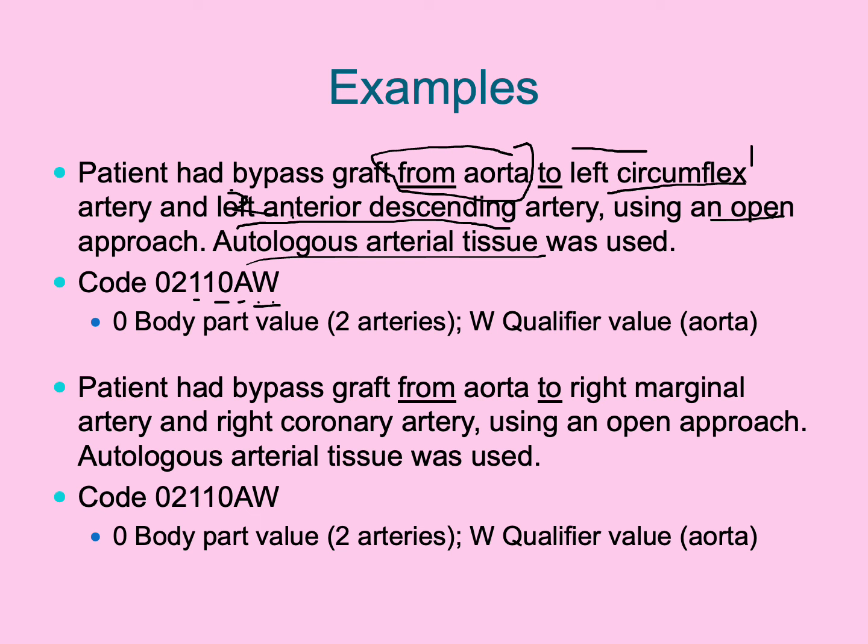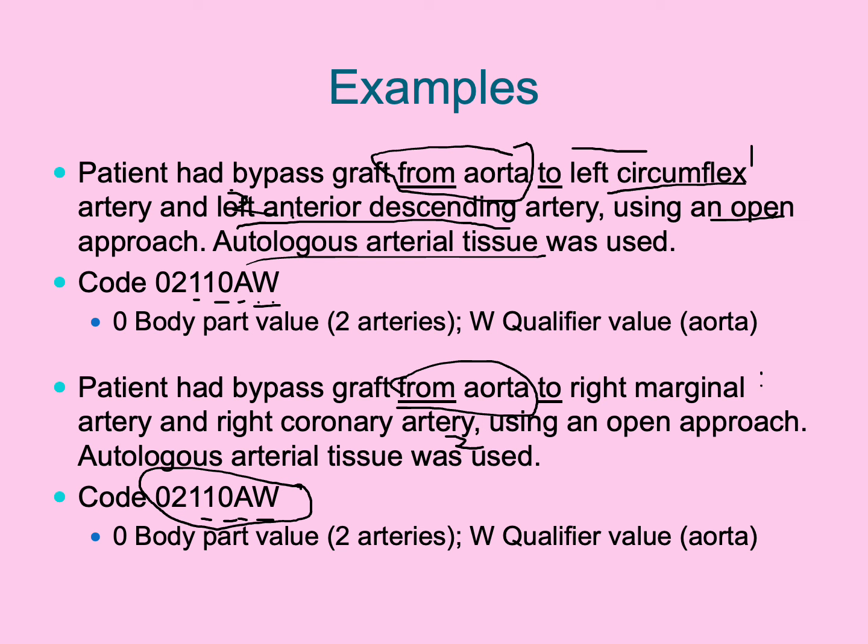Patient had a bypass graft from the aorta, and that's W again, to the right marginal artery and right coronary artery. So that's again 2 arteries, open, autologous. You see that even though it's 2 different arteries, it's the same code, 02110AW.